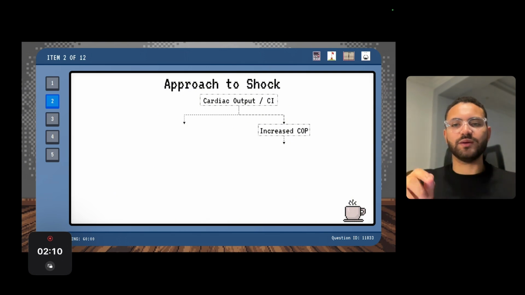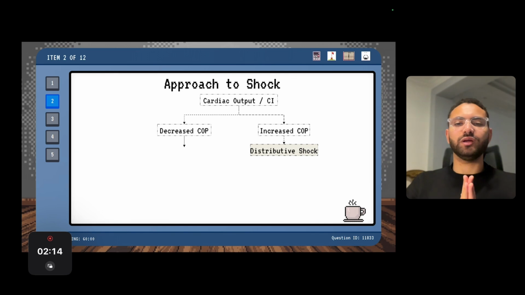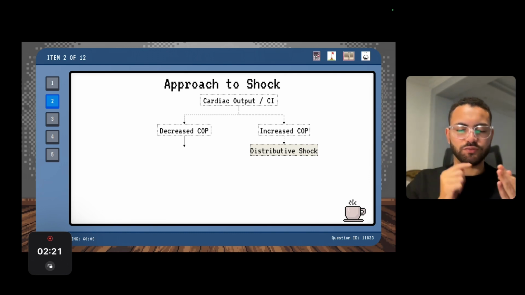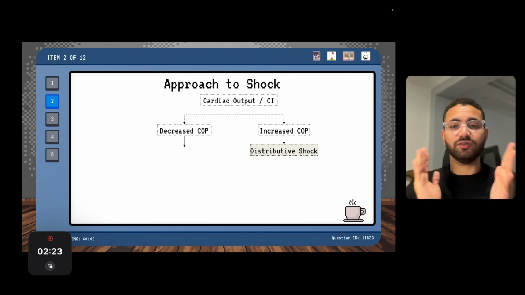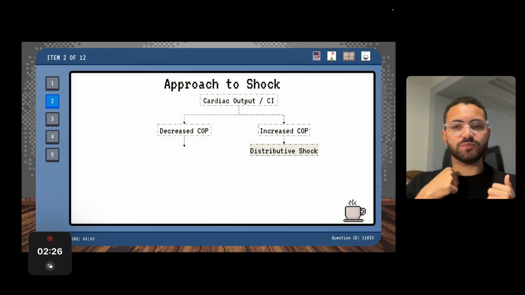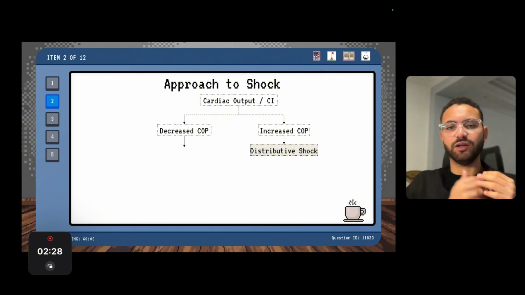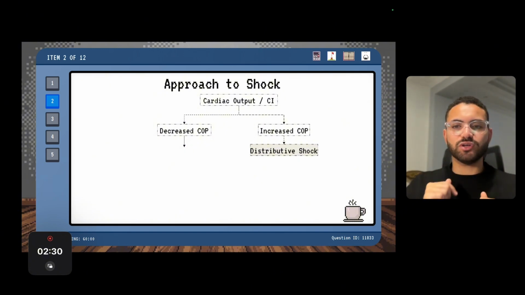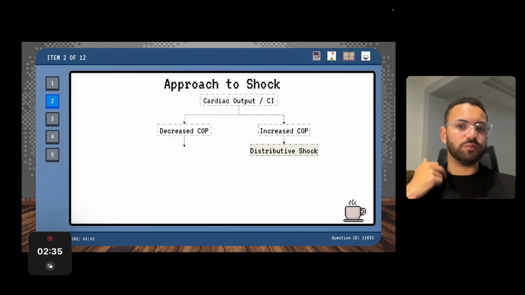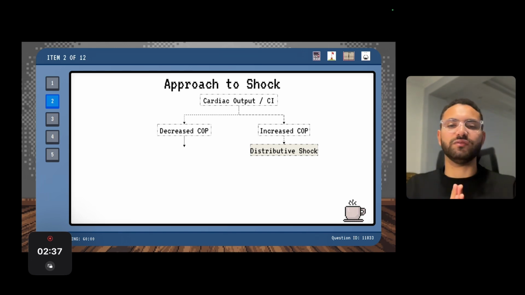Anaphylactic shock, the same thing. But if the cardiac output is decreased, we dive deeper towards the other types of shock, like the cardiogenic, the hypovolemic, and of course the obstructive. So we need to assess other findings, which are the central venous pressure and the pulmonary capillary wedge pressure. The central venous pressure is the pressure of the right atrium, and it is reflected in the jugular veins, while the pulmonary capillary wedge pressure reflects the left atrium.